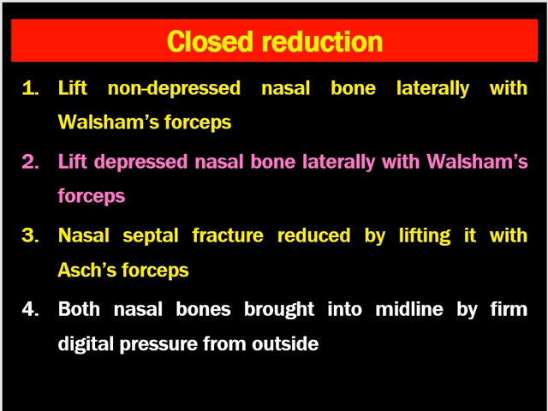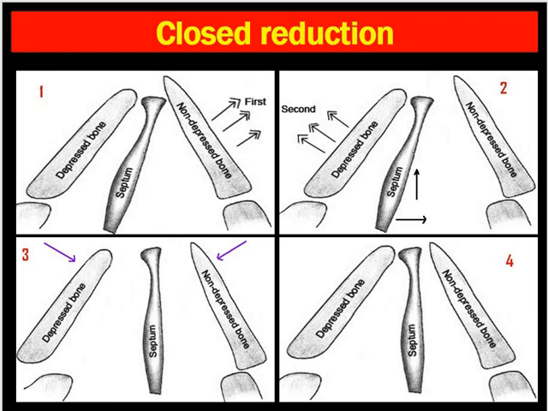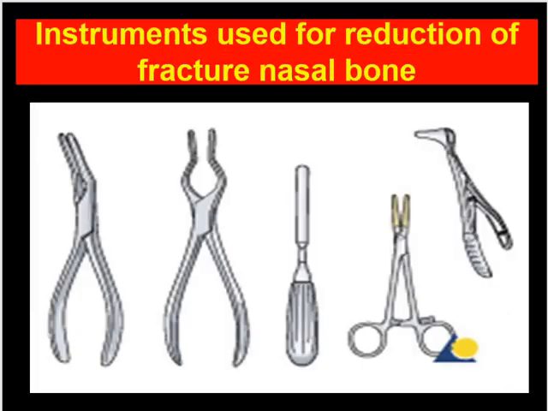Now both the nasal bones are brought into the midline by firm digital pressure from the outside. Therefore, remember that first we have to lift the non-depressed nasal bone, that is the opposite side. This is a picture showing closed reduction. First you lift the non-depressed portion, then the depressed portion, then the septum, and digital pressure.